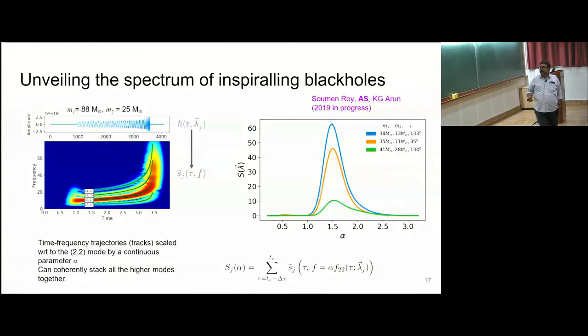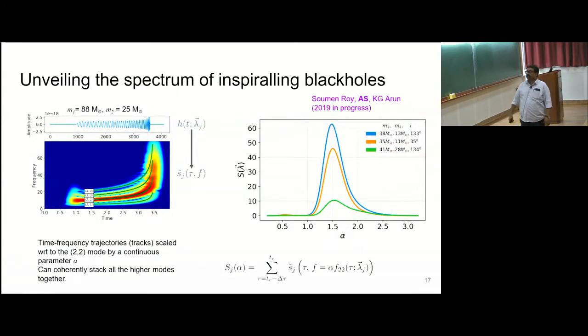We've been trying to work on this problem from the inspiral side, where you can add up the energy along time frequency trajectories scaled by a parameter alpha, which scales these trajectories with respect to the 2-2 mode.